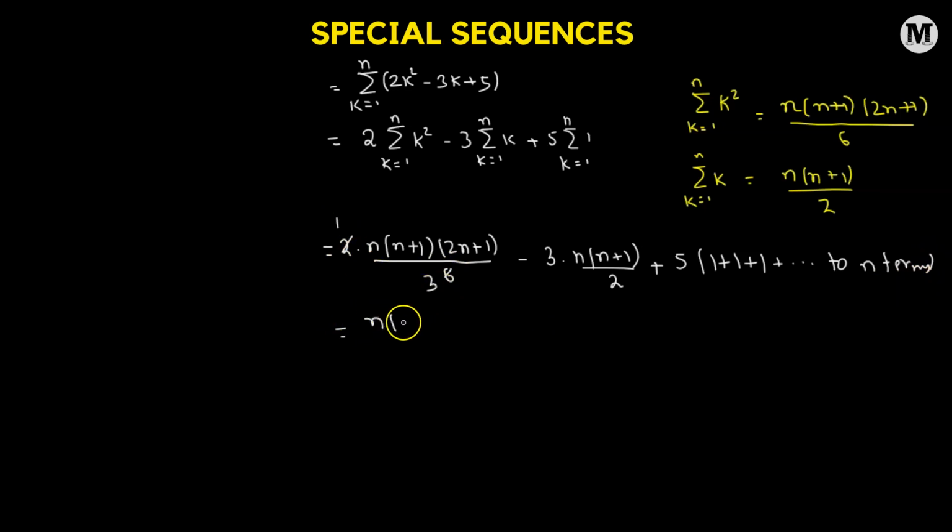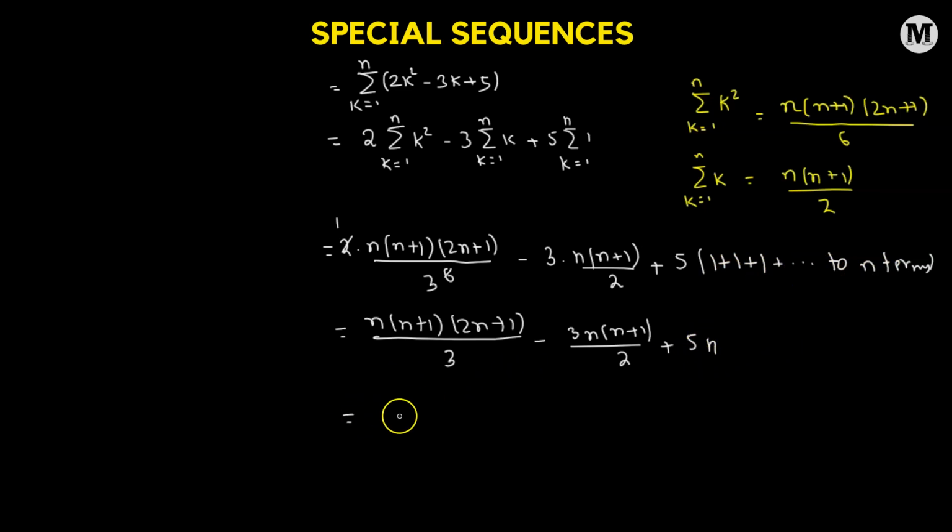So this gives us n times n plus 1 multiplied by 2n plus 1, whole divided by 3, minus 3 times n times n plus 1 divided by 2, added to 5. Now 1 is added to itself n number of times, so this is simply 1 times n, or n. So we have 5n.